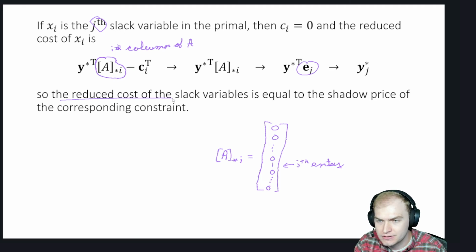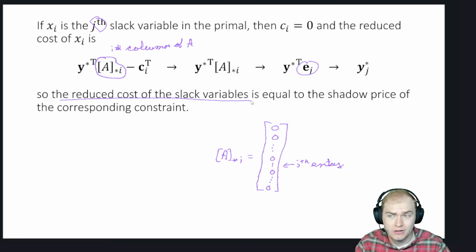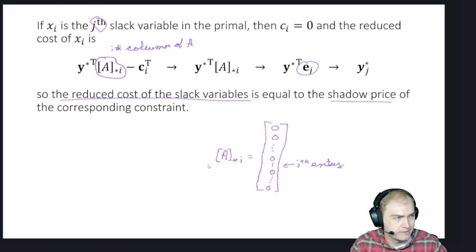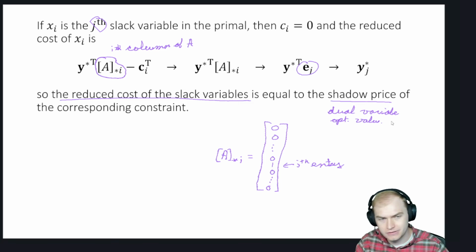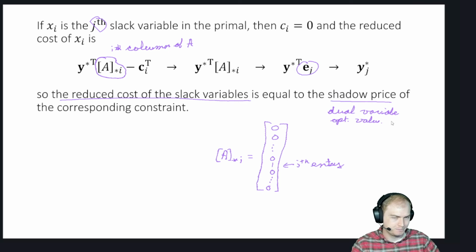The reduced cost of the slack variables is equal to the shadow price of the corresponding constraint. The shadow price, or the dual variable optimal value, is the shadow price.